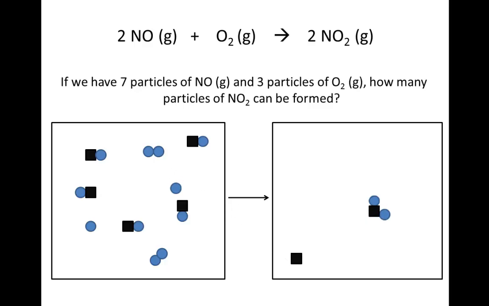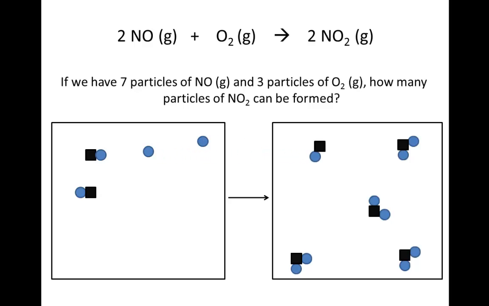In a chemical reaction, the bonds of the reagents break and the atoms rearrange to form new bonds with other reagent atoms. To form the reaction mixture, we must break the bonds in nitrogen monoxide and the bonds in oxygen to form the new bonds in nitrogen dioxide.